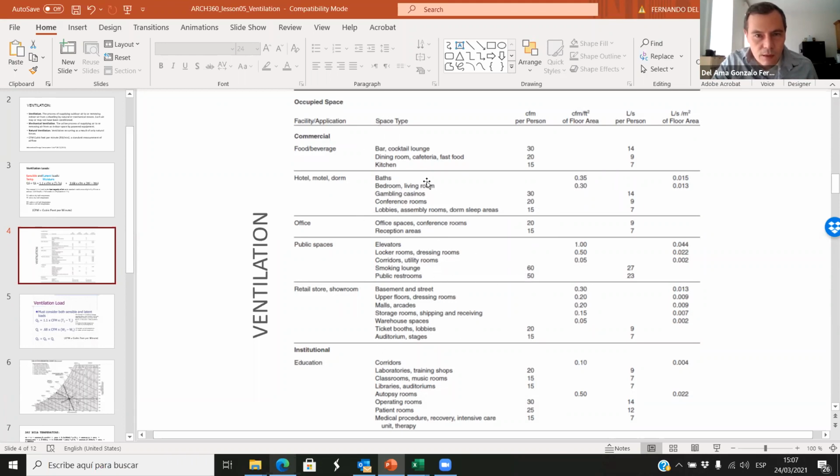We don't have a gym here, but in places in which we have a lot of people moving, sweating, especially, then we have to increase this 20. But in the rest of the rooms or the spaces, 20 is fine.